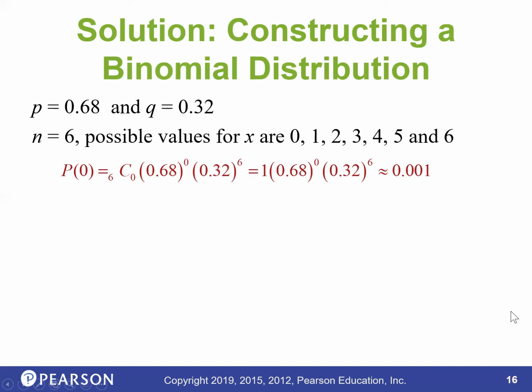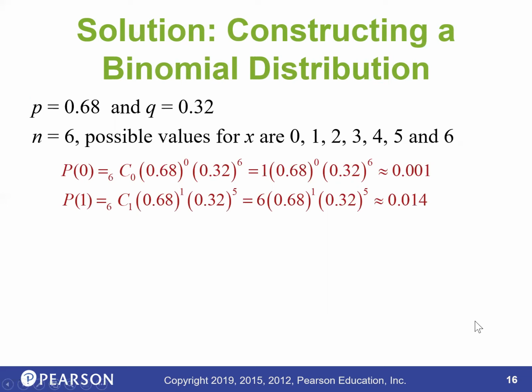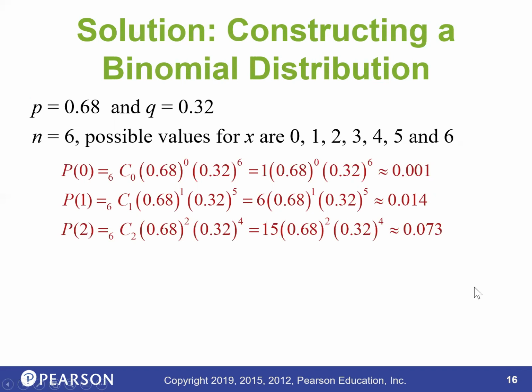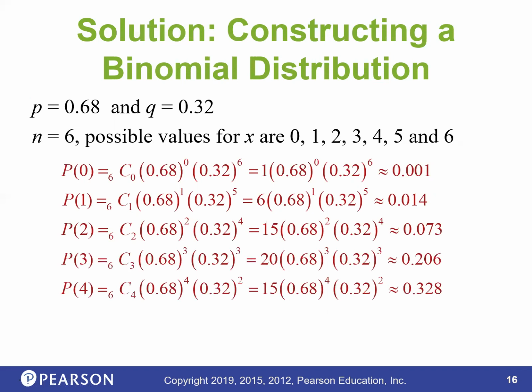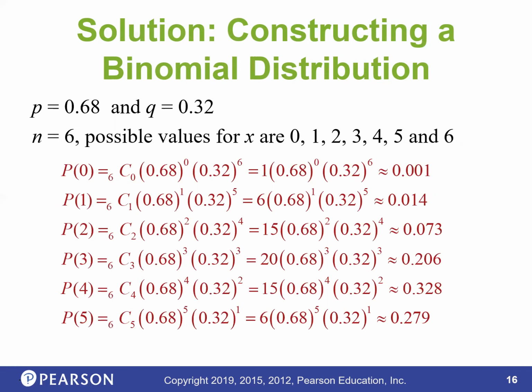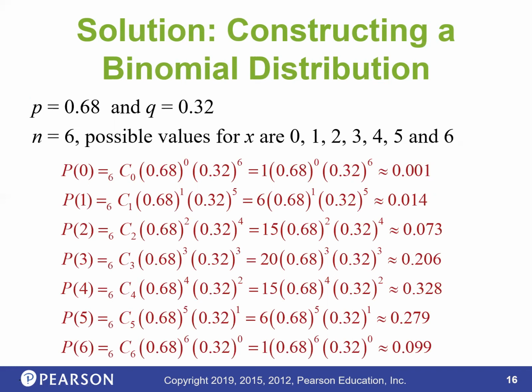And so here's what we got. Let's say of the 6 adults that we asked, 0 of them said I use Facebook. What's the probability of that happening? 0.001. Probability that one of them said yes, in any combination. Probability that 2 of them said yes, that 3, that 4, that 5 of them said yes, and the probability that all 6 of them said yes.